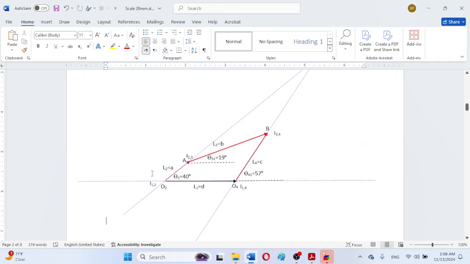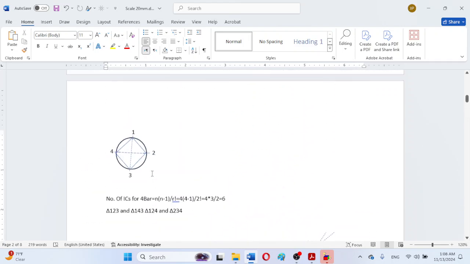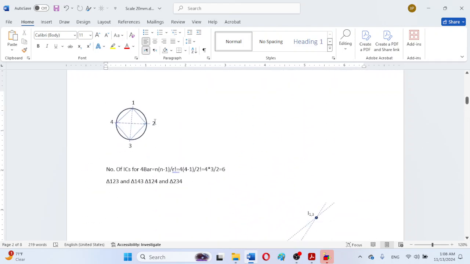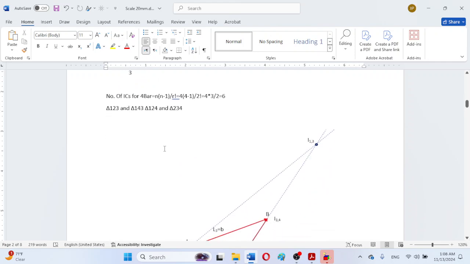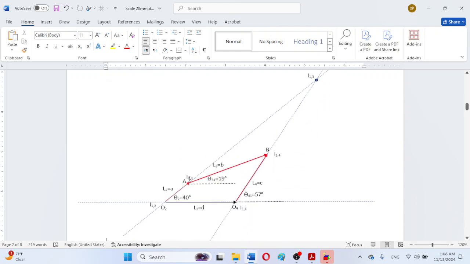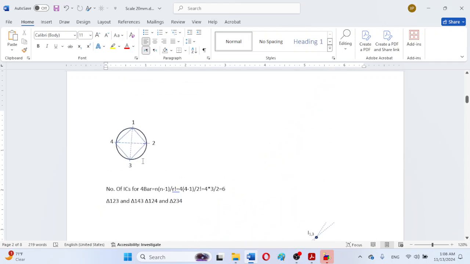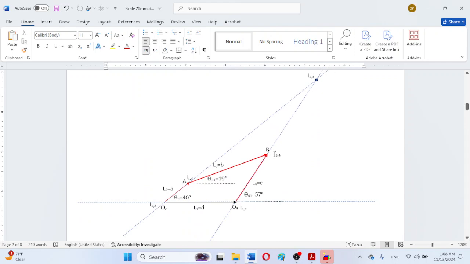To make the intersection, we will use the other trio, the triangle 2 3 4. In this triangle, we can observe that this is the instant center 1 subscript 2 comma 3 and this is 1 subscript 3 comma 4.